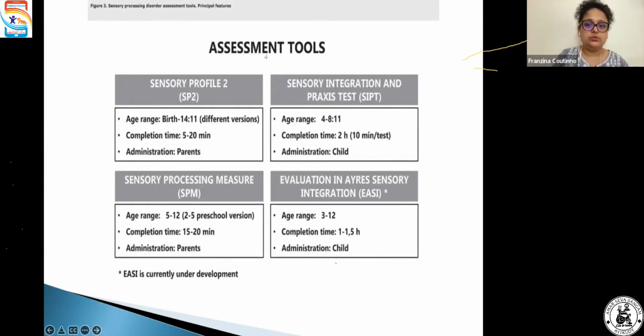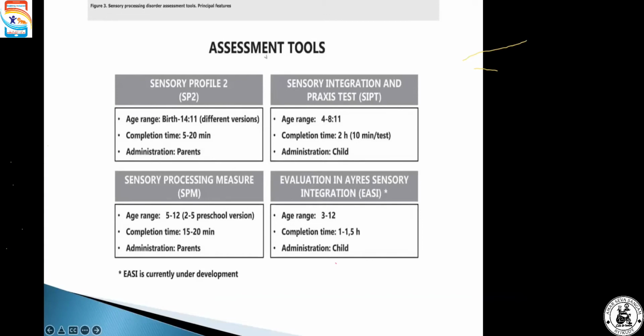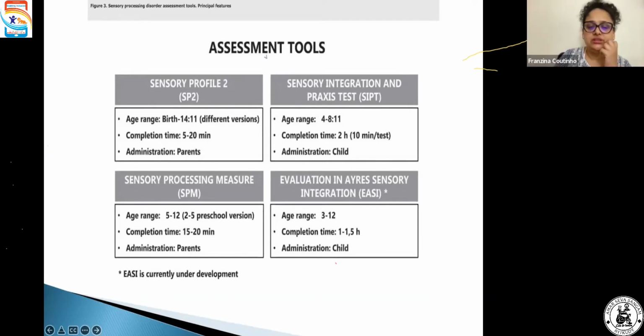Okay, so very commonly what I use as a parent report is a sensory profile. They have the toddler one, and they have an adult one also now, and they have three different versions. The SIPT, I've used it a couple of times. It's extremely tedious. You have to be certified to use it. The sensory processing measure, which is also a questionnaire, is fairly good.